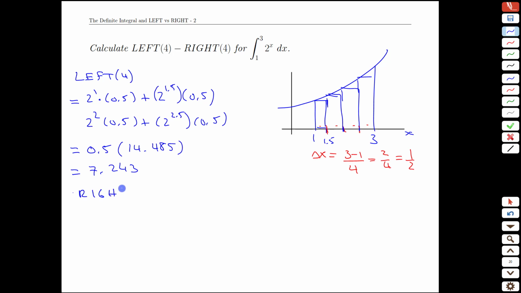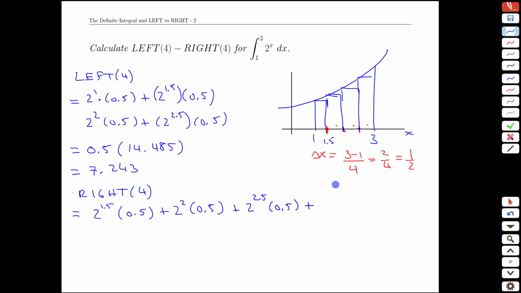Computing the same thing with the right-hand estimate, we should see something a little bigger, because using the right-hand endpoints will give us an overestimate. It'll have all the same pieces. I'll write it out explicitly here to get the practice. On the first interval, we use the right-hand endpoint, so that's 2 to the 1.5 times the width, plus, you can see the pattern again, we use 2.5 on this interval, and we will use 3.